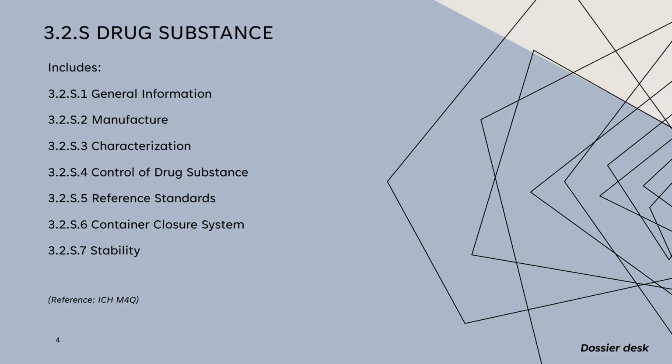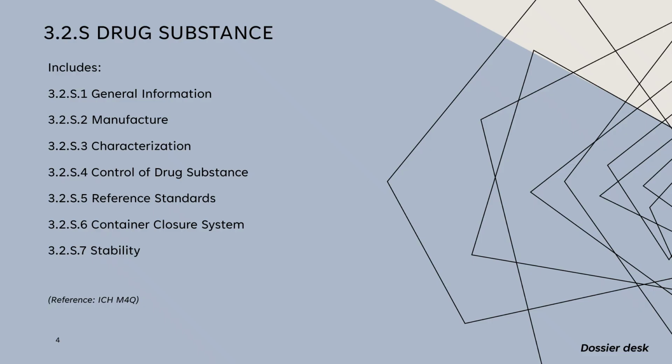Section 3.2.S.3 covers characterization, including impurity profiling and elucidation of structure. Section 3.2.S.4 describes control of drug substance, including specifications, analytical procedures, validation data, and analysis results, meaning batch analysis results.